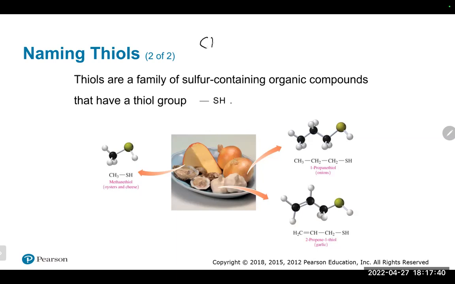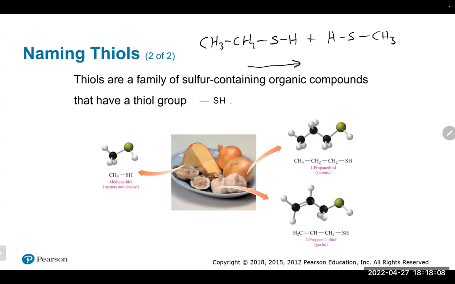Let's just say we had 2 thiols. I'm just going to do this. And we want to react them together. And we'll just do a small one there. So if we put 2 thiols together, what will happen is we will lose H2, which is a definition of oxidation.